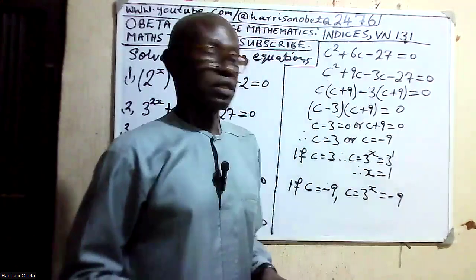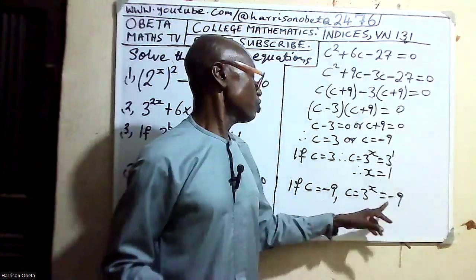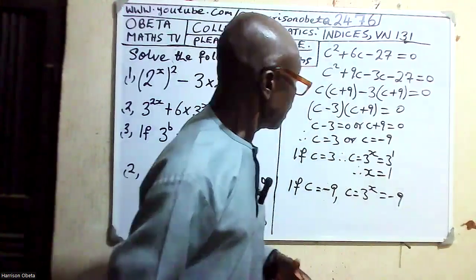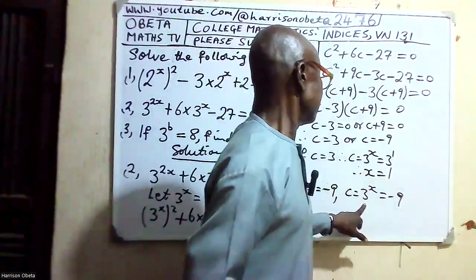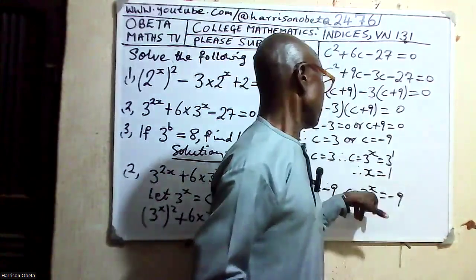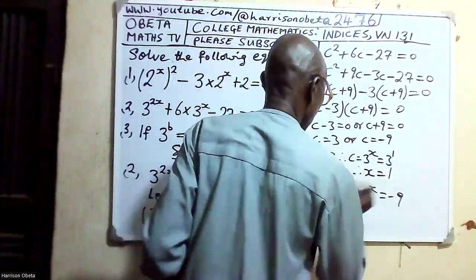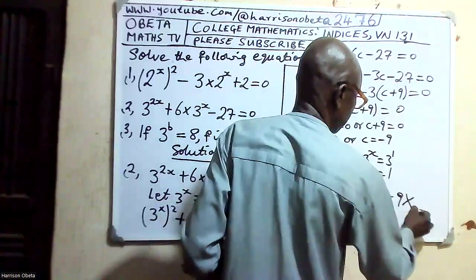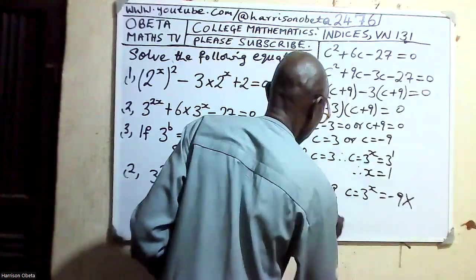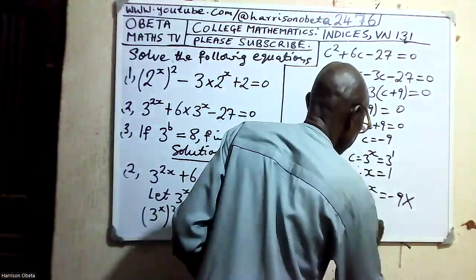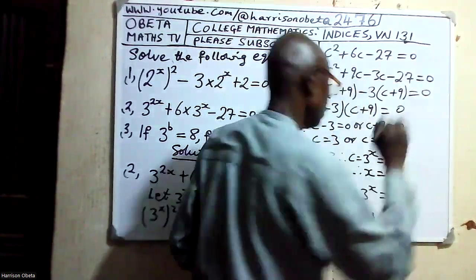In this case, there's no solution here because there's no way we can raise 3 to the power of x to give us minus 9. So we are not going to accept this. Therefore, x is equal to 1. So this is the answer to this question.